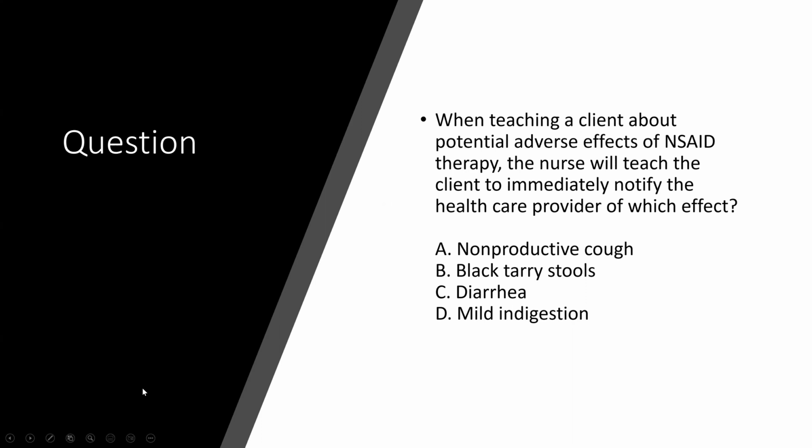Okay, when teaching a client about potential adverse effects of an NSAID therapy, the nurse will teach the client to immediately notify a healthcare provider of which effect: A, non-productive cough, B, black tarry stools, C, diarrhea, D, mild indigestion.